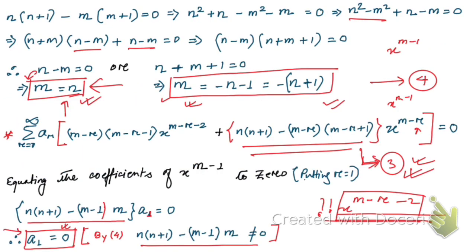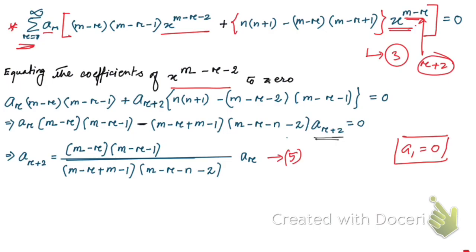Okay, so now what we need to do is, if you put r is equal to 1 here, then this r plus 2 will be 3 now, because r is equal to 1.